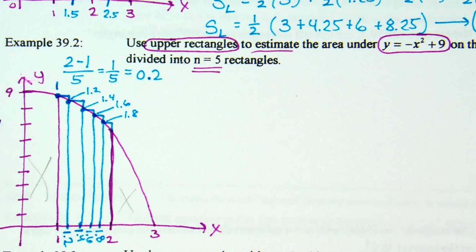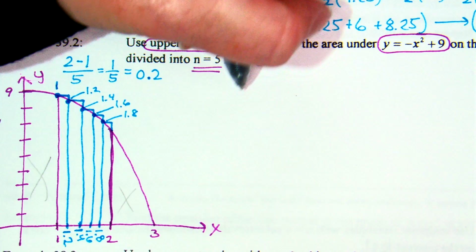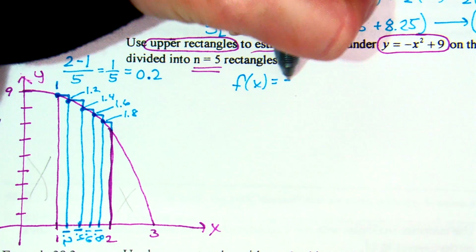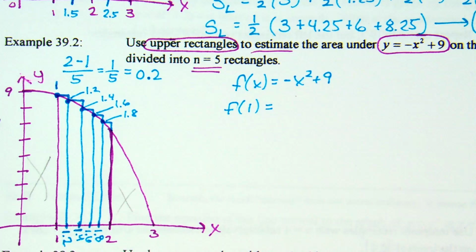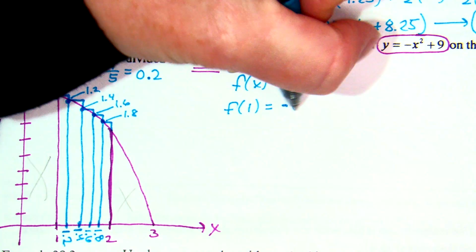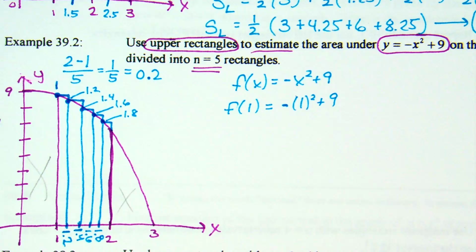So what do we need to find? Yep. Plug those numbers into the equation. It's f of x equals negative x squared plus 9. So we need to find f of 1, which is the negative of 1 squared plus 9, which means 8.